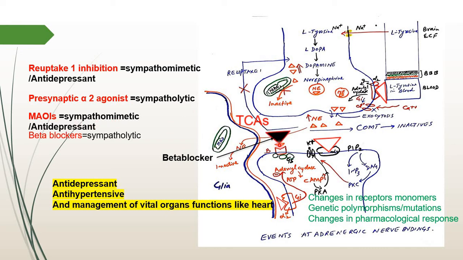Then if we give beta blockers, they will come and directly replace this norepinephrine and attach to the beta receptor, so the result will be totally opposite. So this model is very strong now, and a beta blocker will produce a sympatholytic activity.